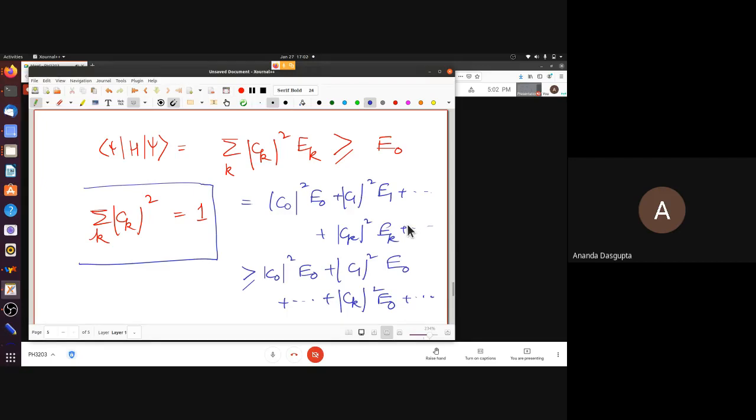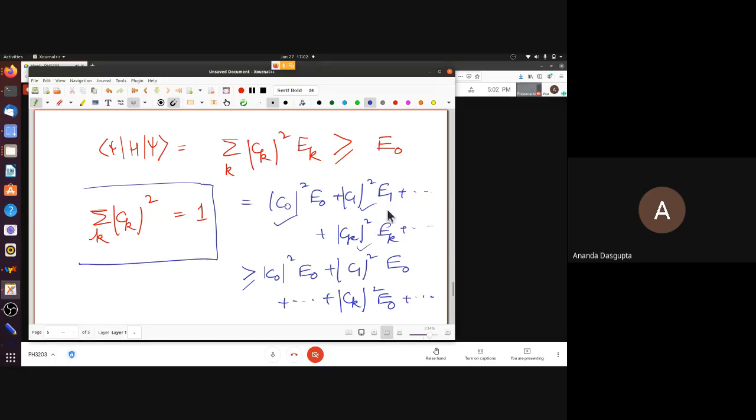When can it stay the same? Remember, all these coefficients here are all positive numbers, right? That's important. That's why I'm insisting on this being a weighted average rather than just any linear combination. All these weight factors are positive. Yeah, it can stay the same as E0 only if all the other coefficients are 0.